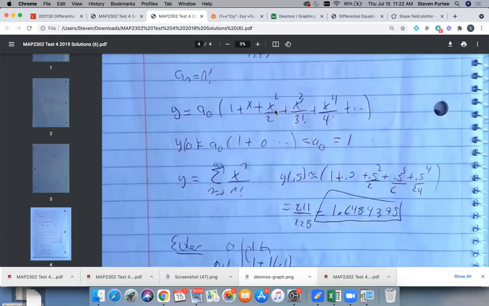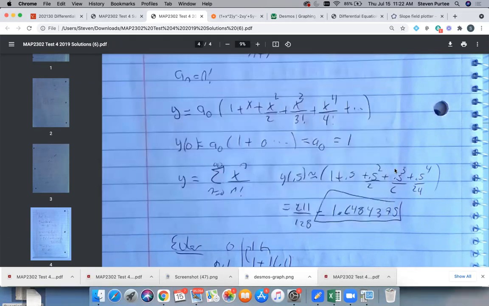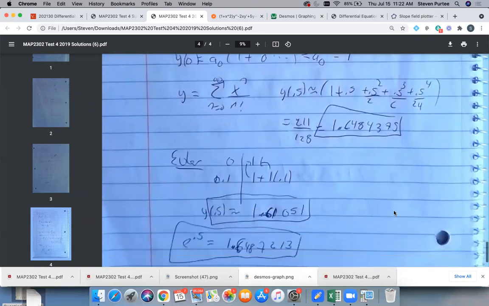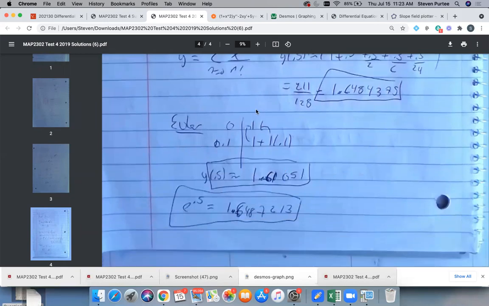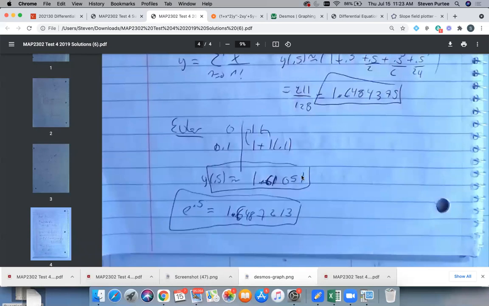So if I take these first 5 terms and I just plug in 0.5 for all of my x's, that's all I'm doing here. I'm not using this button on the calculator. I'm not using e to the x. I'm using these powers. I get this number right here. Then I could solve this by Euler's method. I'll show you in the spreadsheet how I did that, what I got. I get this.